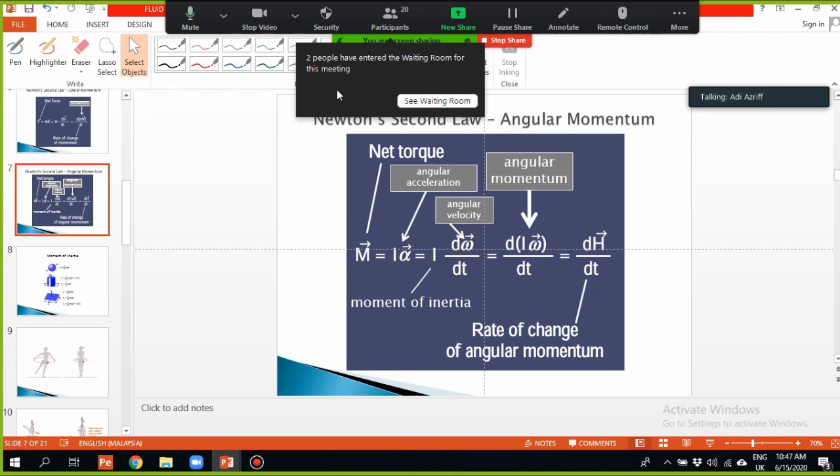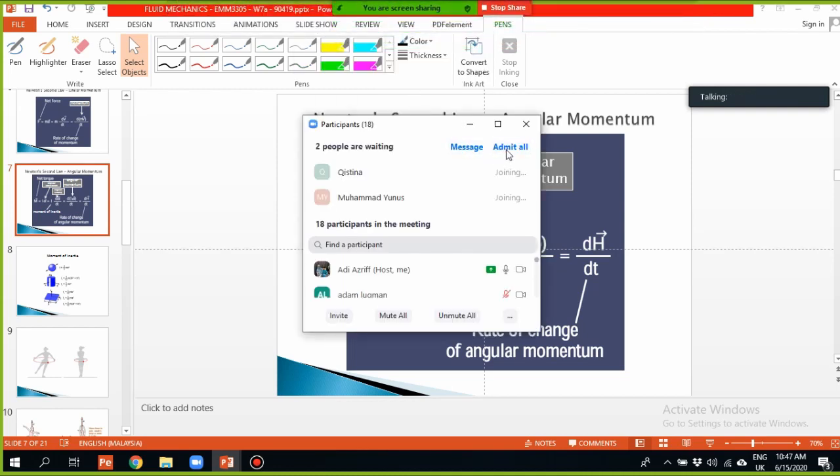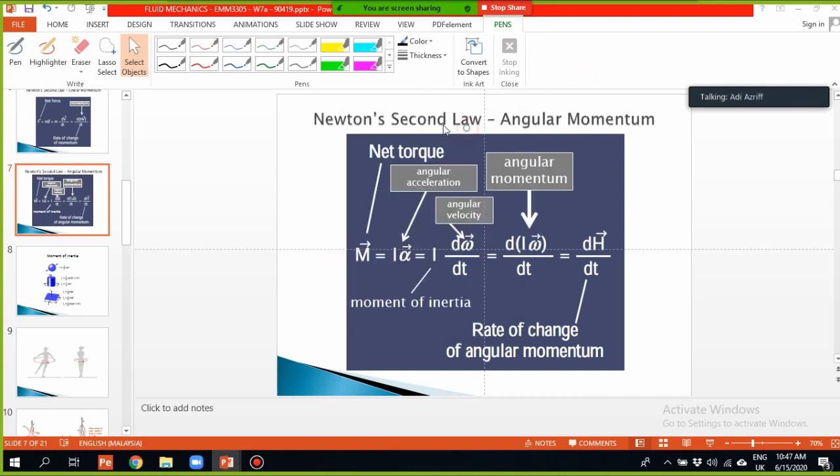In order for you to keep the same net torque, you need to play around with the I and also alpha, or I and also your omega.